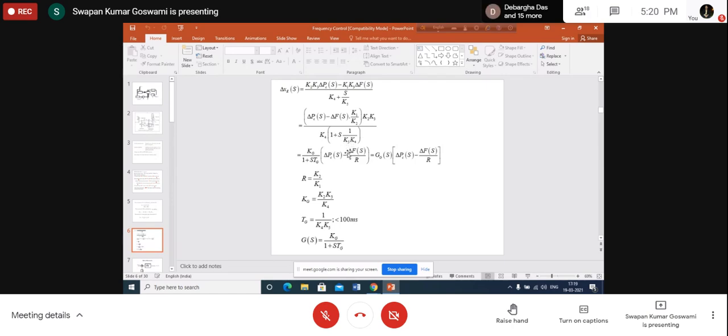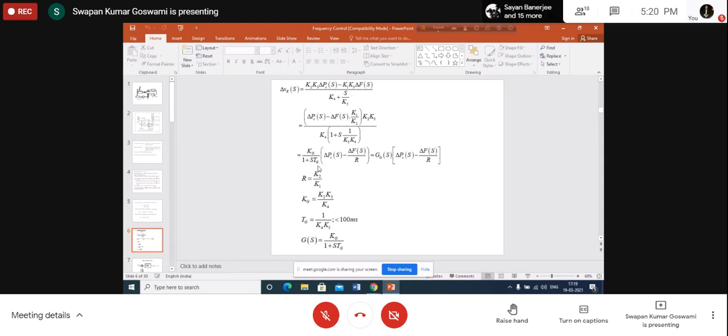No problem. But finally, what we do is write a transfer function, a first order transfer function. The general form is some gain divided by 1 plus s times the time constant. This is the standard form. So some gain Kg divided by 1 plus s times Tg.